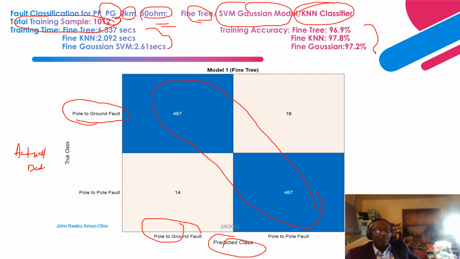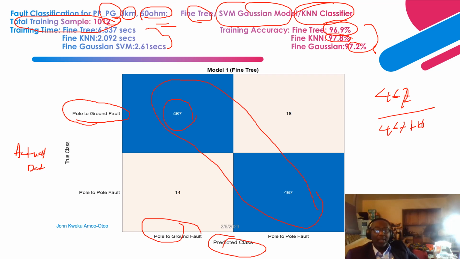For a pole-to-ground fault, I was able to predict accurately 467 data out of the total. So 467 over 467 plus 16. That's how we get this percentage for the different algorithms.